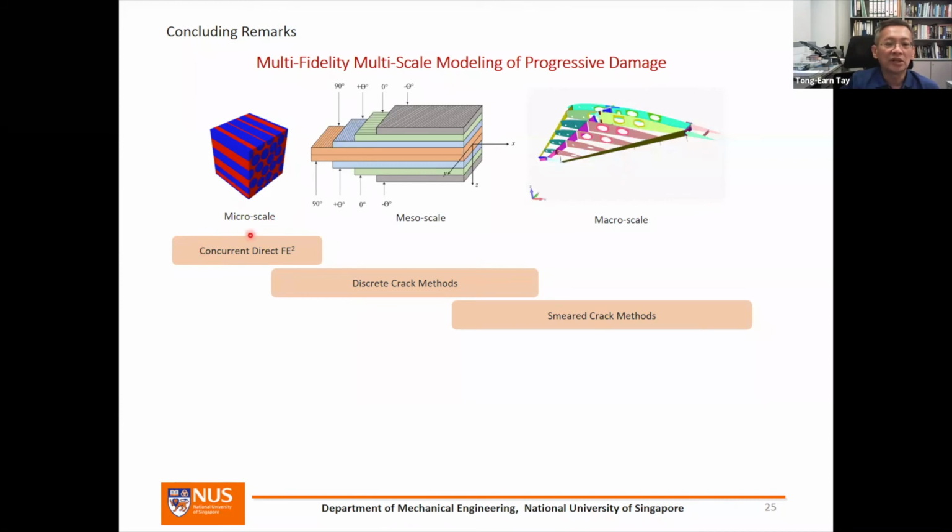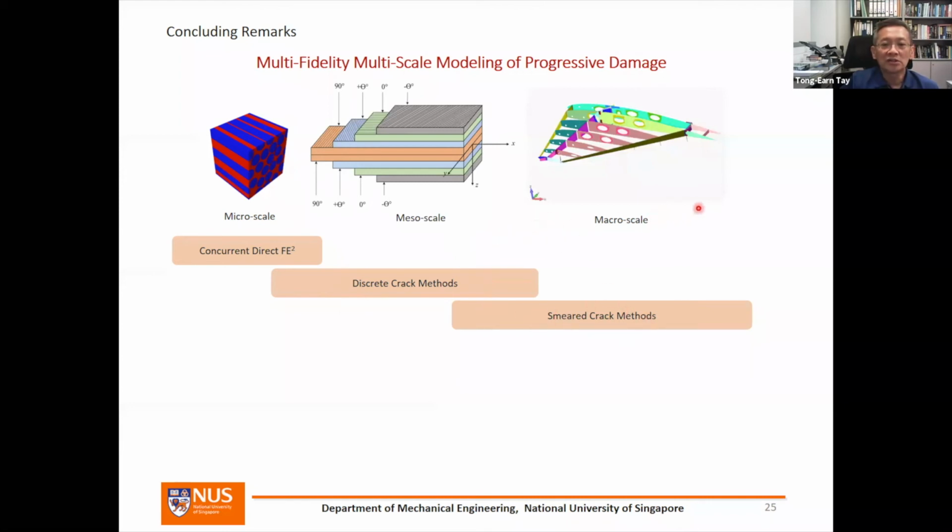At the micro scale, which is the fiber and matrix scale, you can have concurrent FE square or direct FE square to deal with this. However, this kind of technique is impractical for structures. And then at the meso scale, which is the ply level or small coupon level, you can use discrete crack methods or smeared crack methods.